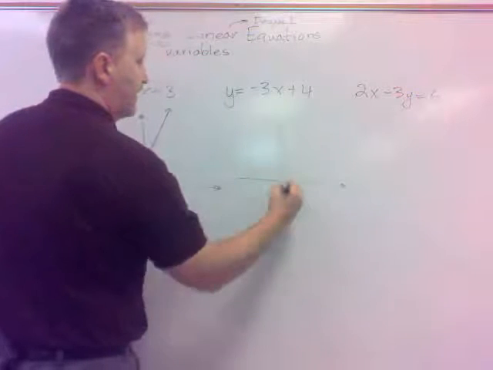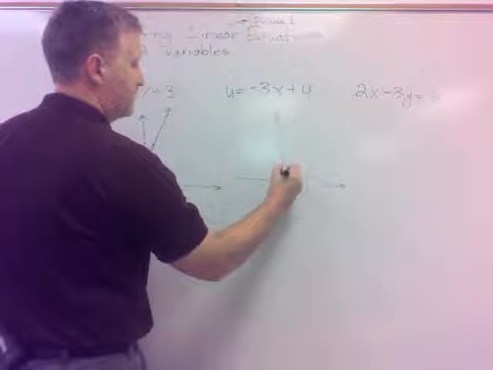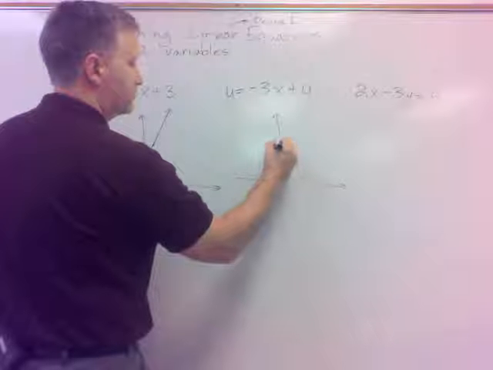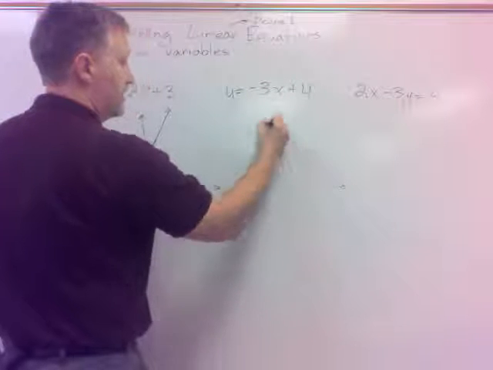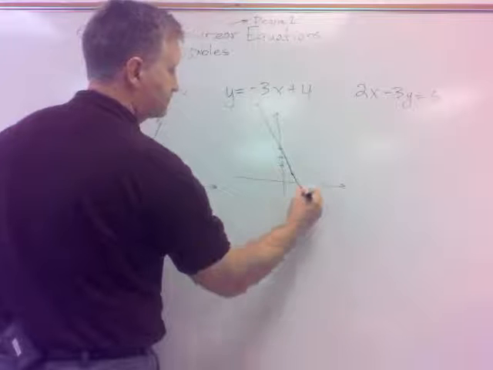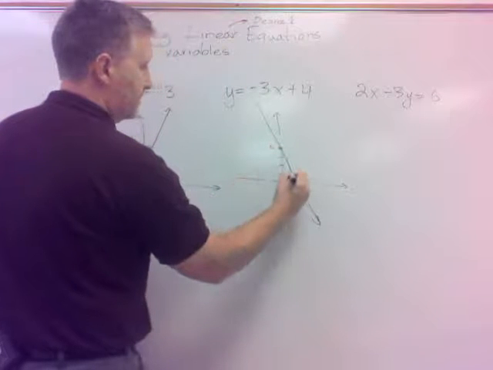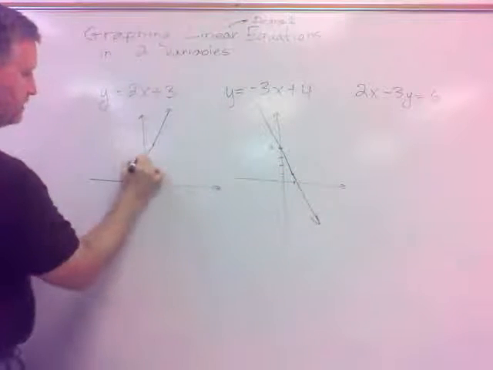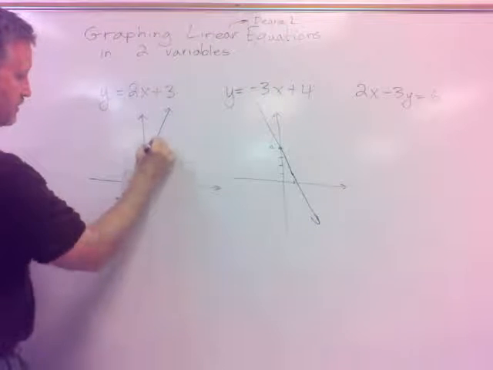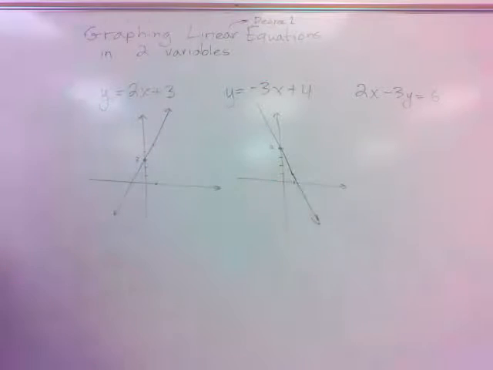This one is going to slant the other way, like that. It's 0, 4 there, and this one's 1, 1. This one's 0, 3, and 1, 5, if you're marking along there on your paper.